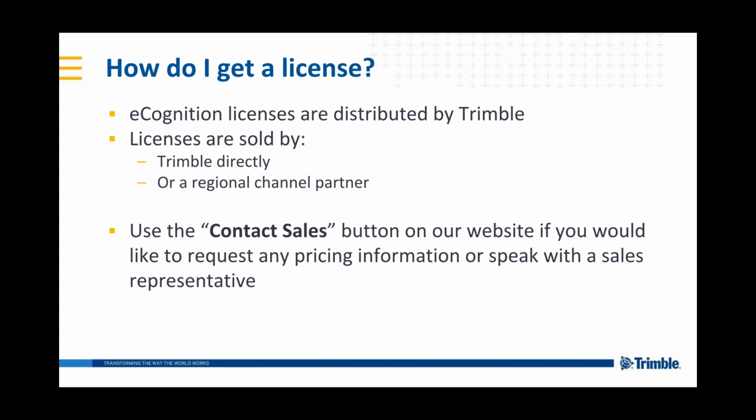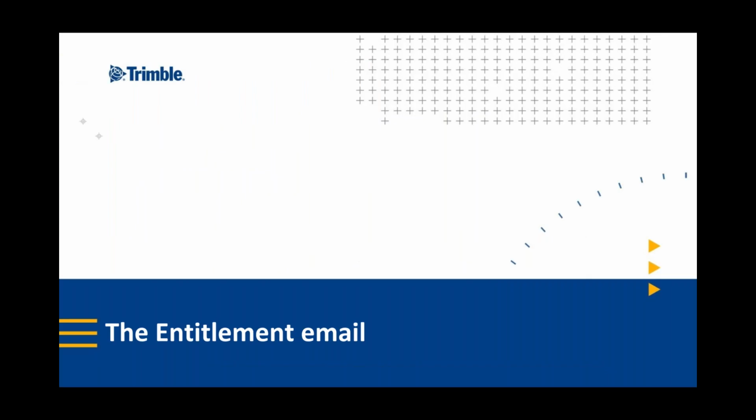Use the contact sales button on our website if you're interested in getting any pricing information or would just like to speak with a sales representative. We have sales representatives and, of course, our regional channel partners all over the world who we can get you in contact with.